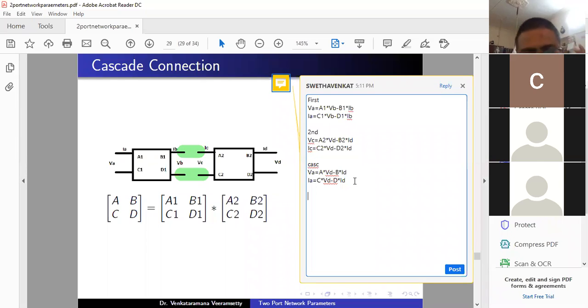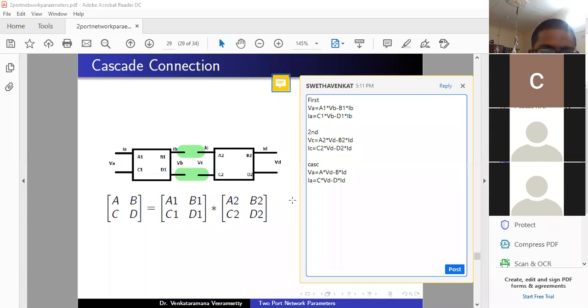I will tell two statements, listen. In the very first class, I told that in the two-port network, we assume the direction of the currents is entering towards the port, towards the network. That means IB is the output current of the first network, directed towards the network, and IC is the input current for the second two-port network, also towards its network, right?